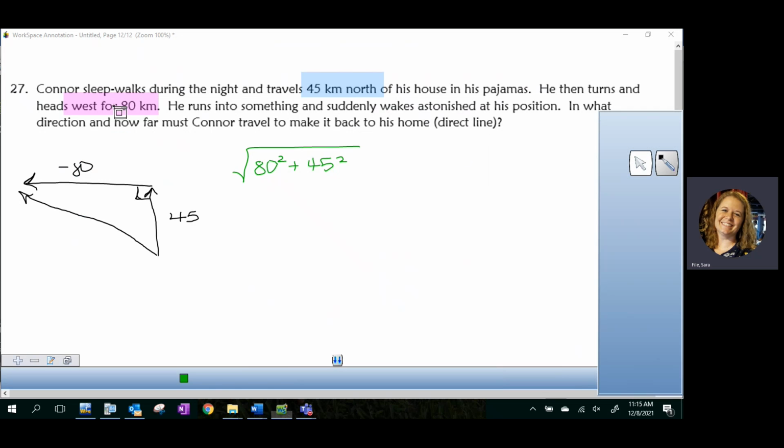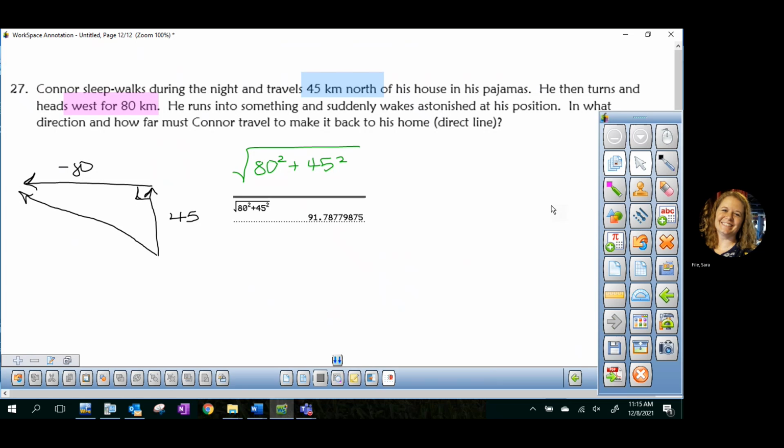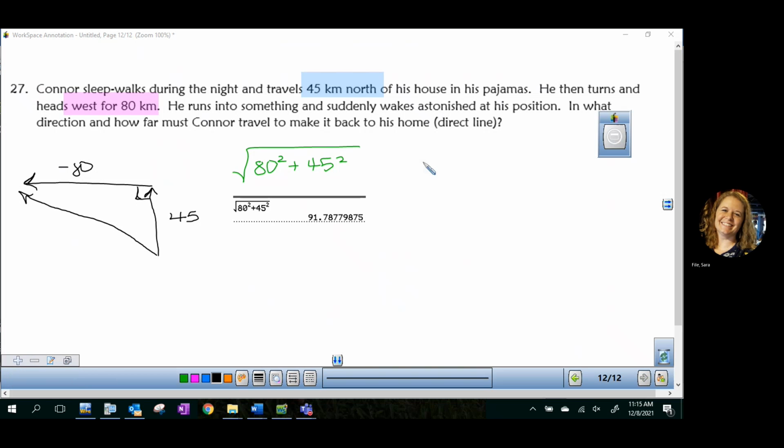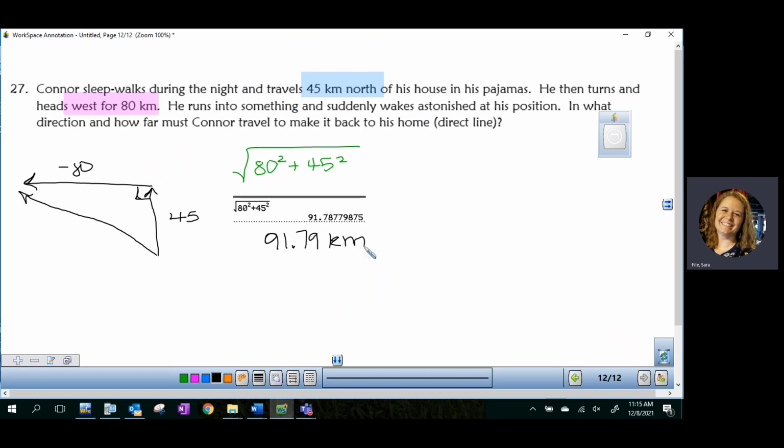All right, so that's 91.79 for the distance. So that was in kilometers. Now here's where it may get a little tricky for this one.